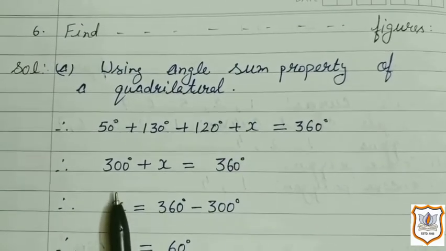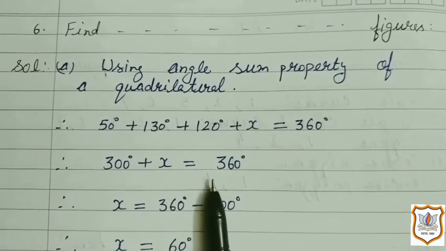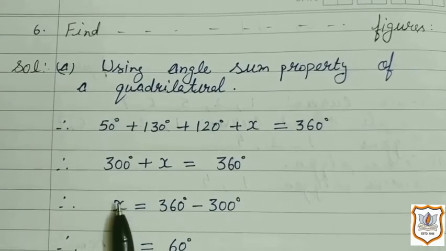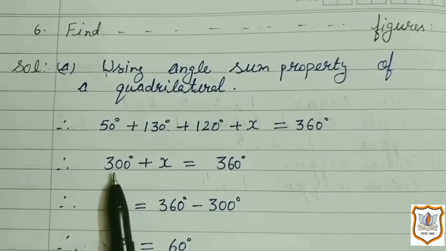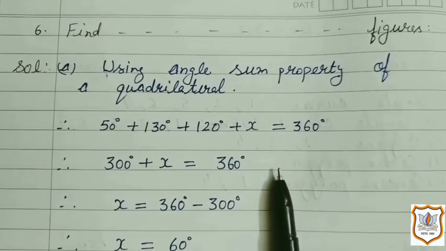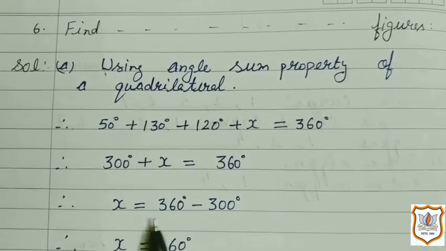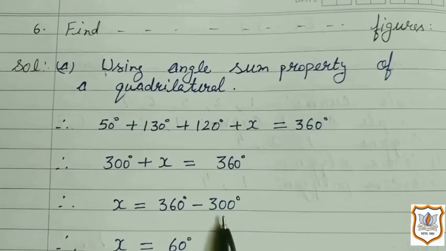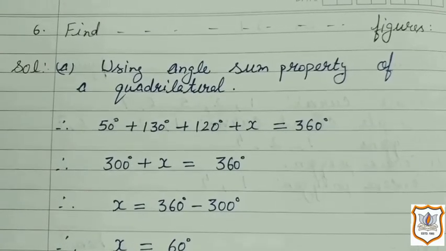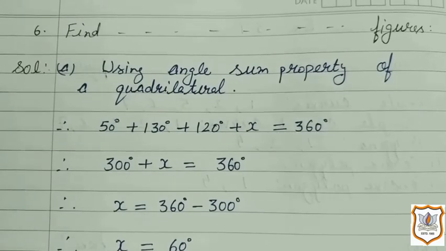We get 300 degree plus x is equal to 360 degree. Now we use transposition method. We shift 300 degree to right hand side. So we get x is equal to 360 minus 300. So we get the value of x is 60 degree.